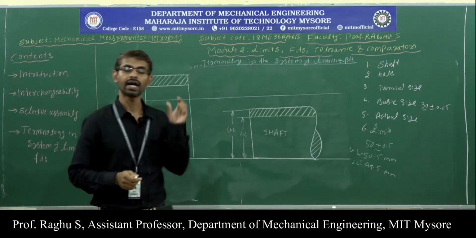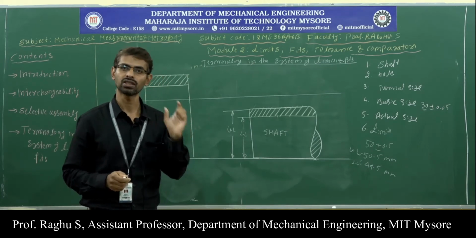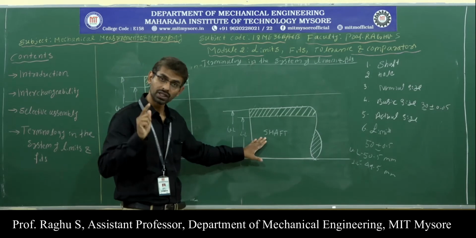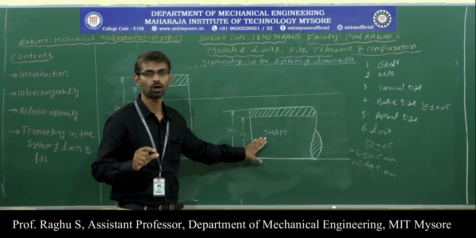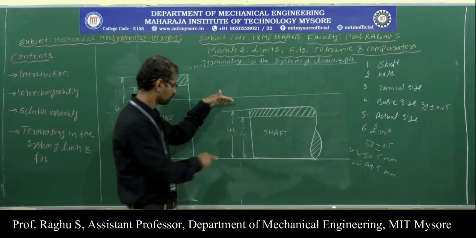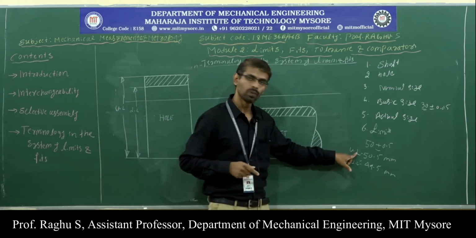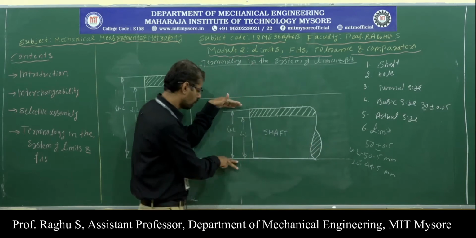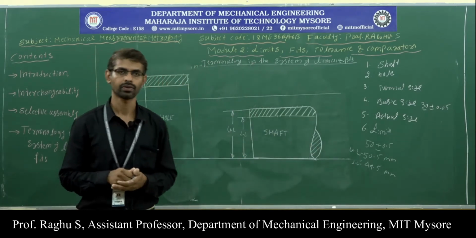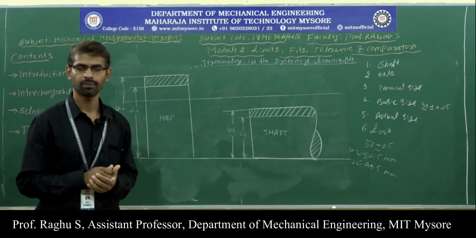So limits means the extreme, maximum or minimum, allowable sizes within which an operator is expected to make a component. The maximum allowable dimension is called the upper limit, and the minimum allowable dimension is called the lower limit. So this is called limit.